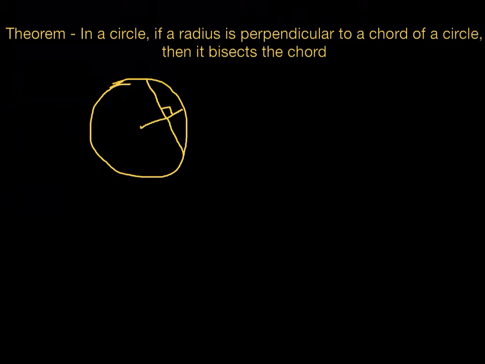If this is the case, if a radius is perpendicular to a chord, then what the radius actually does is bisect the chord. That means it cuts the chord into two equal parts. So if this chord, let's just say, were 10 units long, 10 inches, 10 centimeters, or whatever, then if this radius is perpendicular to the chord, then each one of these parts, this part and this part, would be congruent, and both of them would be 5.